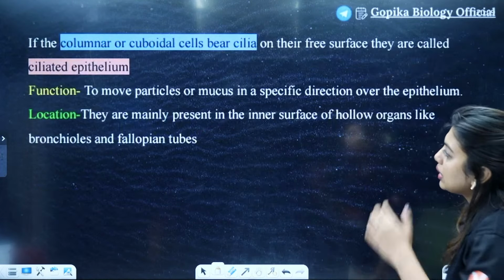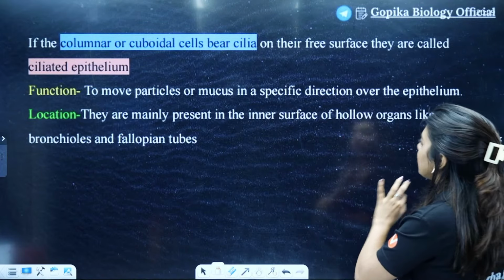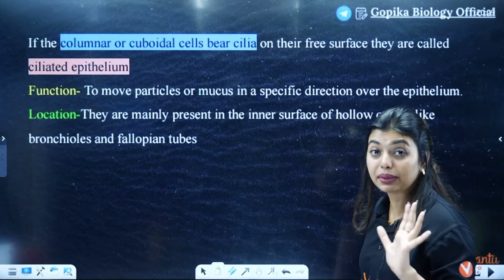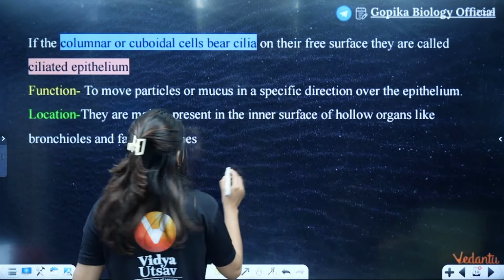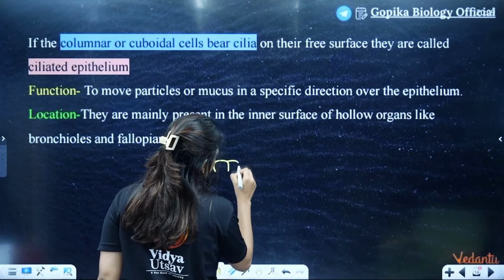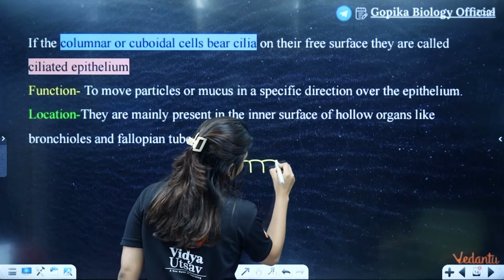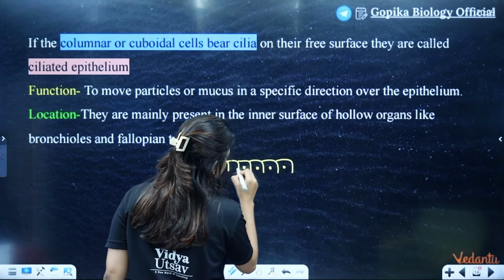Now, if a columnar or a cuboidal cell bears cilia on its free surface, it is called ciliated epithelium. Someone is asking, ma'am, why do they have hair-like structures? Everything I will draw and teach you, because the NCERT diagram is missing.